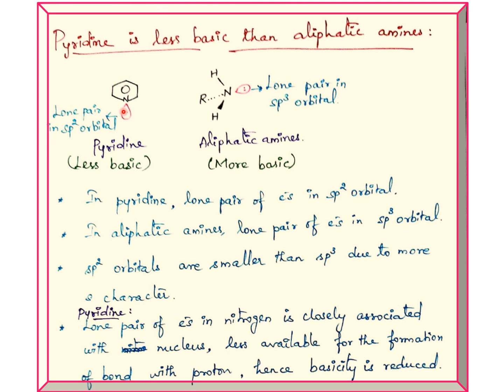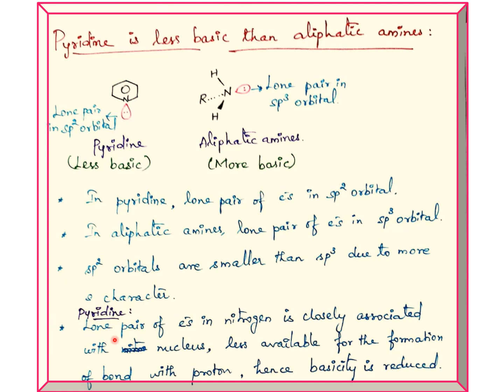When comparing the size of these sp2 and sp3 orbitals, the sp2 orbital is smaller than the sp3 orbital because sp2 has more s character. So by comparing these hybridized orbitals of the lone pair of electrons, we can find that pyridine is less basic in nature and aliphatic amines are more basic in nature.